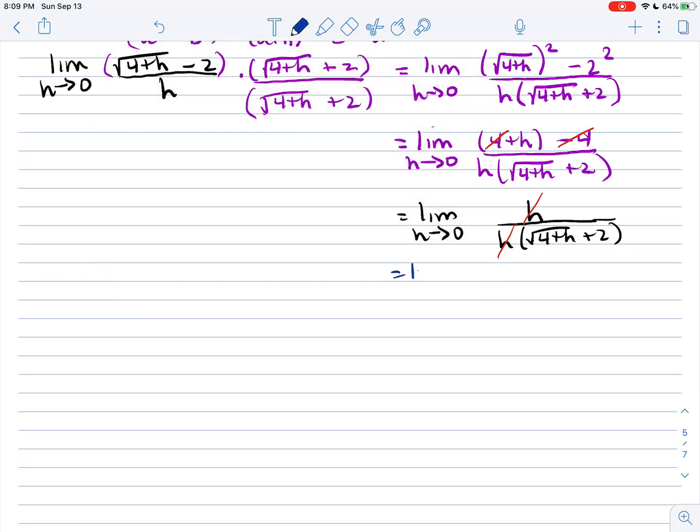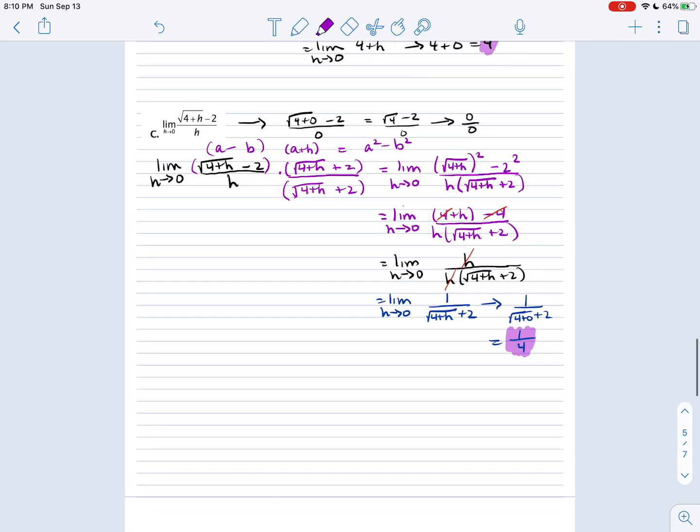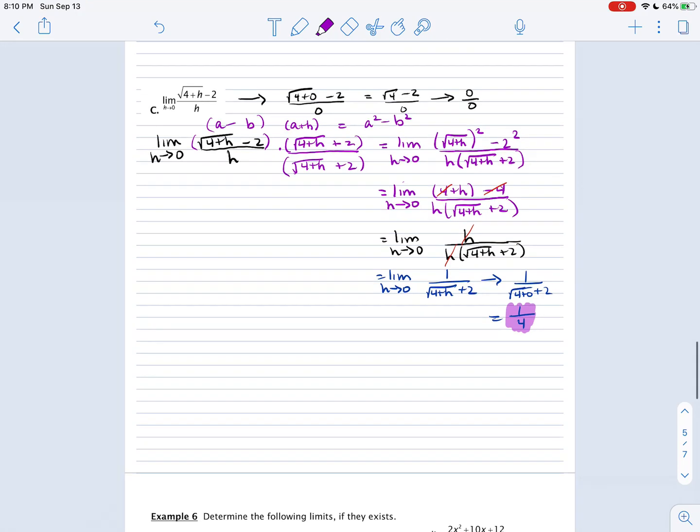Now this is the limit as h goes to 0 of 1 over the square root of 4 plus h plus 2. I can plug in my 0 here, and I'm going to get the square root of 4 plus 0 plus 2, which is 2 plus 2, which is 4, and we get 1/4 as our answer. That's a little bit tricky, but that's a good technique to have.